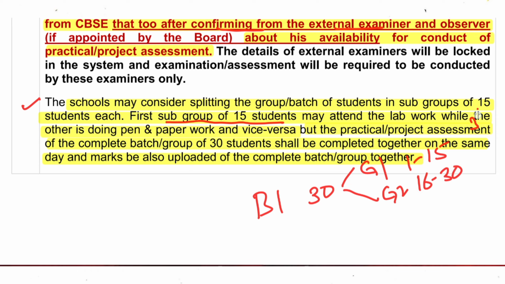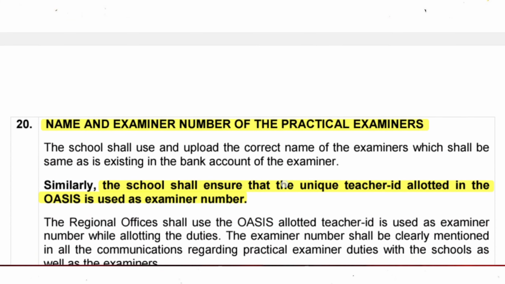And the 3 hours of practical you can divide into two parts. In the first 1.5 hours, one group will do the practical work and the other will do the written work, and in the next half they will switch. But make sure that all the 30 students complete their practical together only.